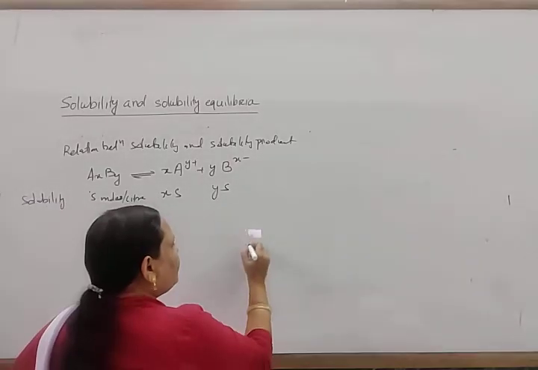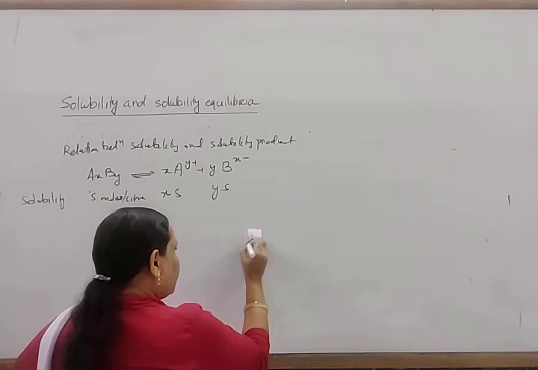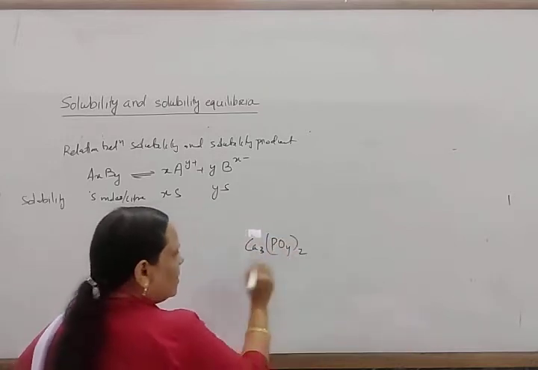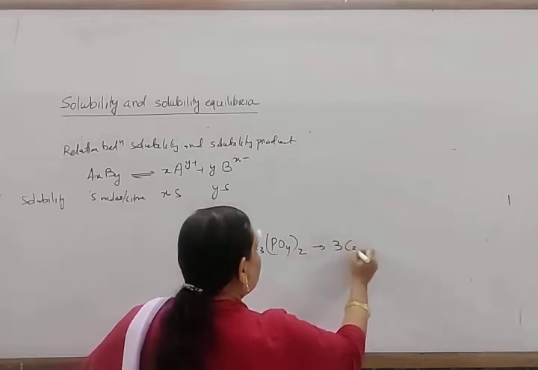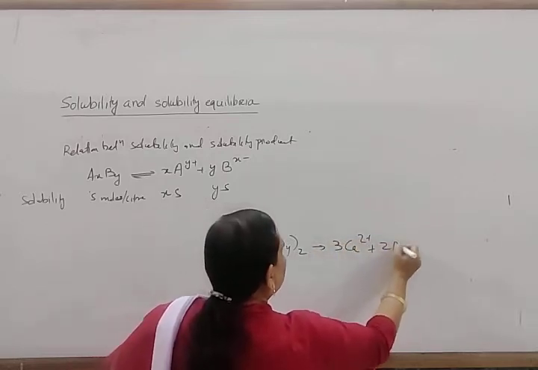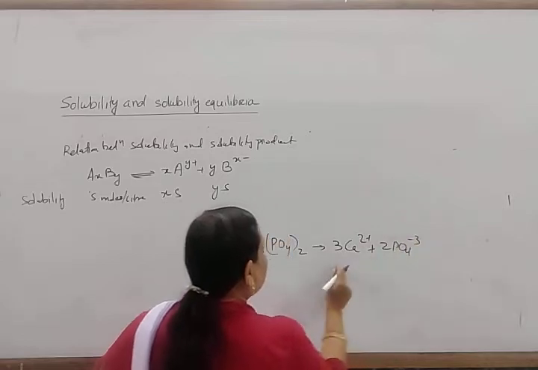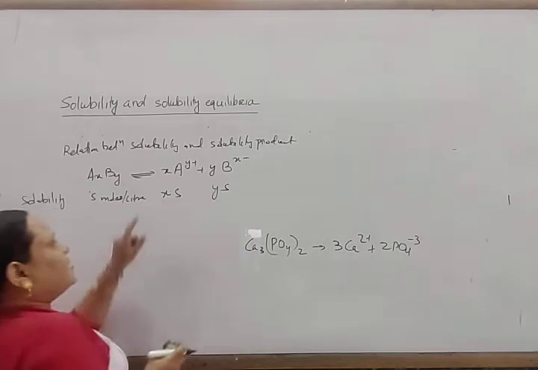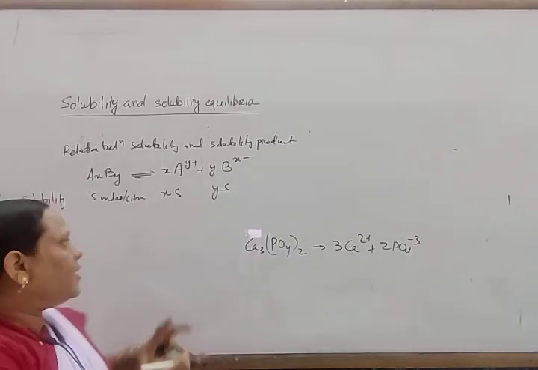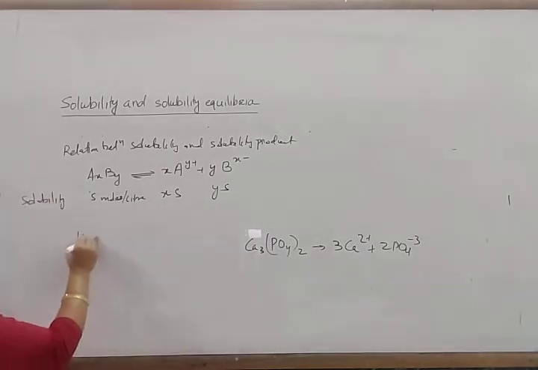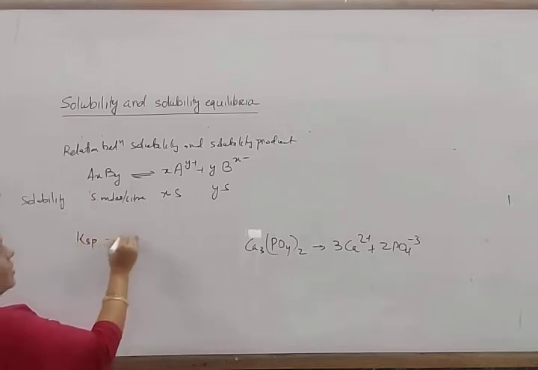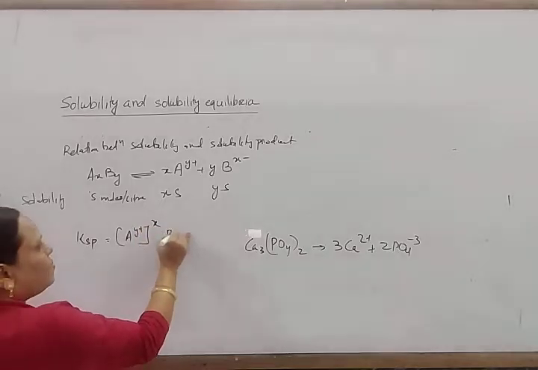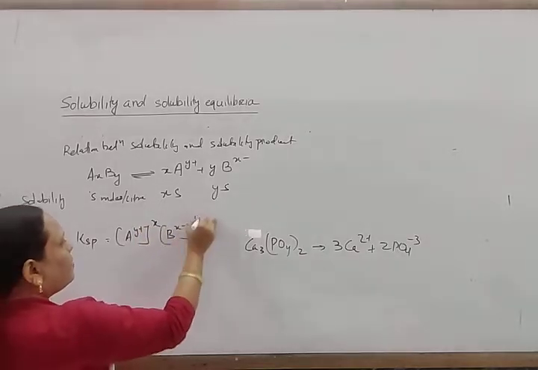For example, if we take Ca3(PO4)2, then it gives you 3Ca2+ plus 2PO4 3-. Then what is the Ksp value? This Ksp value is equal to [A^y+]^x into [B^x-]^y.